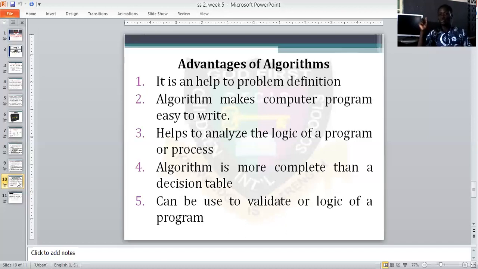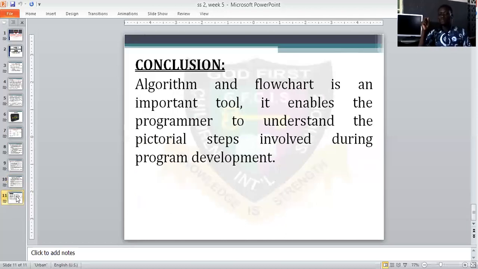So one of those tools you need as a computer programmer, as a software developer, is to understand the concept of algorithm and flowchart. Algorithm and flowchart is an important tool. It enables the programmer to understand the pictorial steps involved during program development.